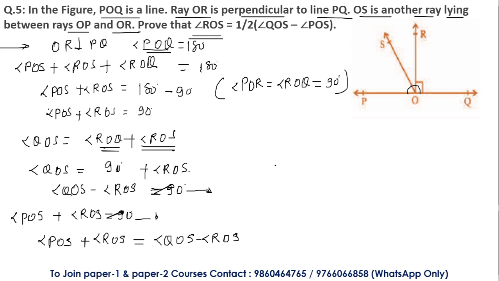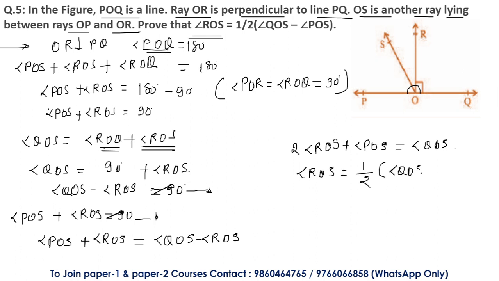Because both are 90 degrees, I have compared both equations. This will give me 2 angle ROS plus angle POS is equal to angle QOS. Hence we can clearly prove that angle ROS is equal to half of angle QOS minus angle POS.